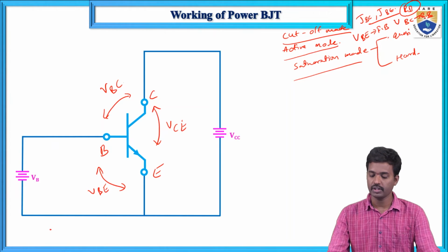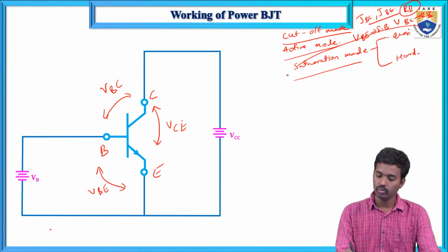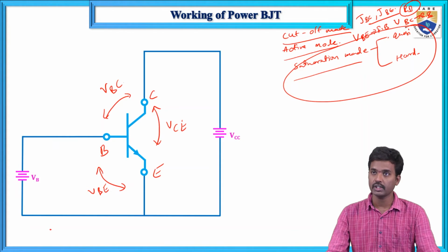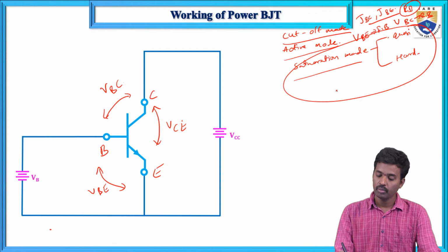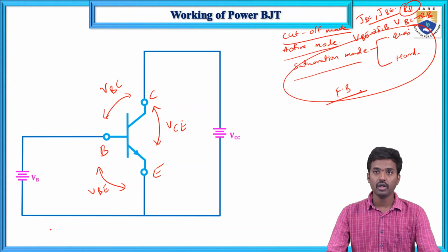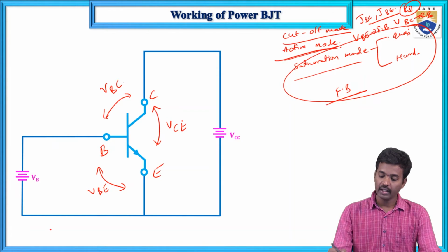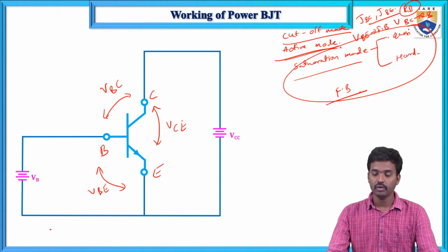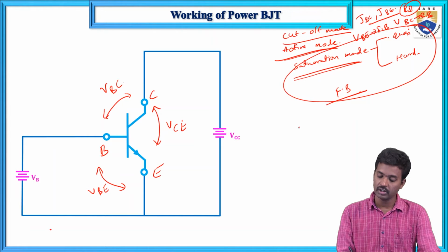In the saturation mode, both the quasi saturation mode and hard saturation mode, both junctions are in forward bias condition. In the active mode, this transistor acts as an amplifier, and next in the saturation mode, here it will work.